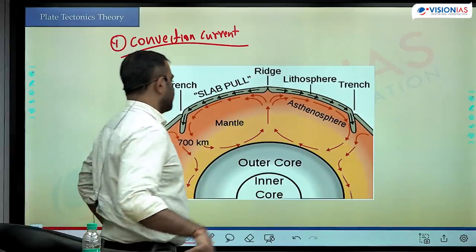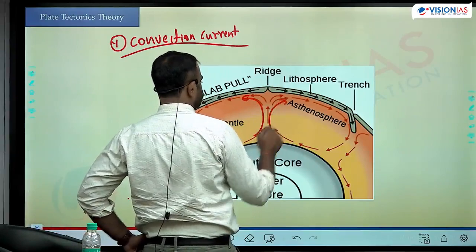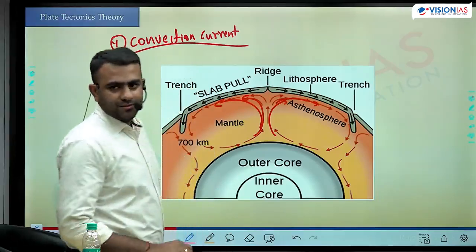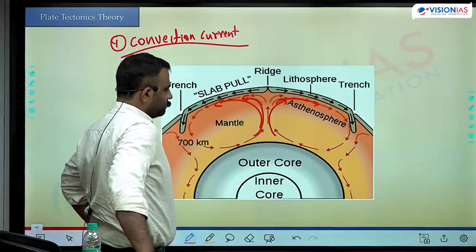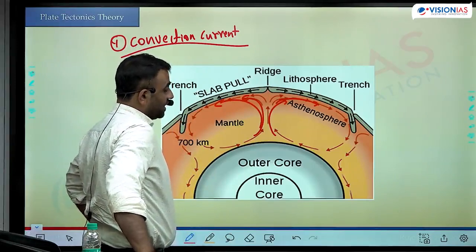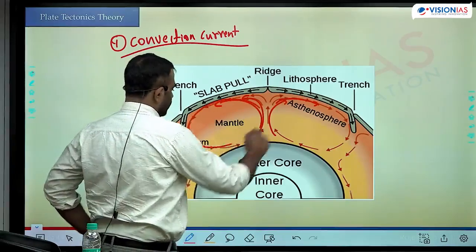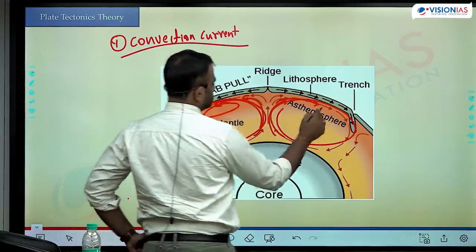So what are convection currents? Convection currents are large scale movement of magma which is happening in the Earth's interior. They're like large scale currents of magma, either covering the entire mantle or only asthenosphere.